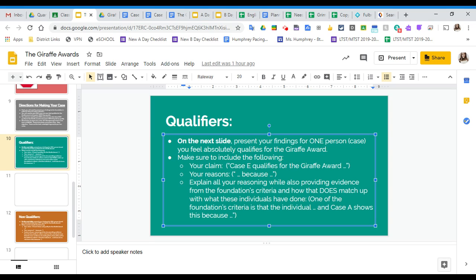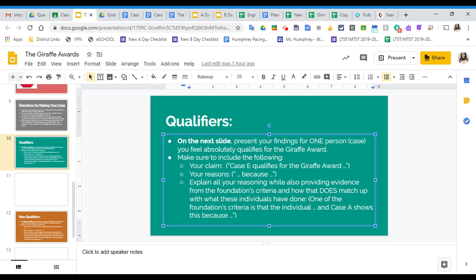So we could say something like, case E qualifies for the giraffe award because they have shown significant personal risk. And then you're going to explain the reason and the evidence.